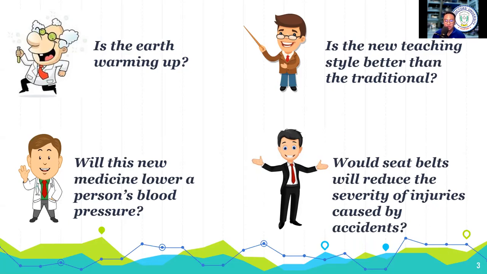It depends, guys, because we don't know how extreme the accident is. If mild, maybe the seatbelt will save the passenger. But if it's an extreme accident, I doubt it. So research still needs to be done to confirm.